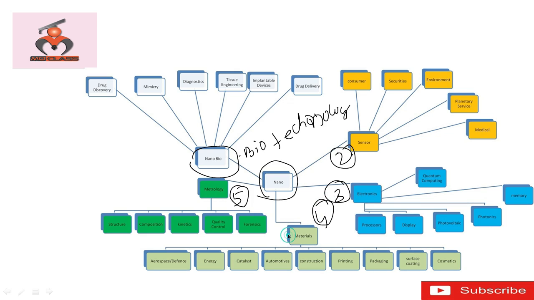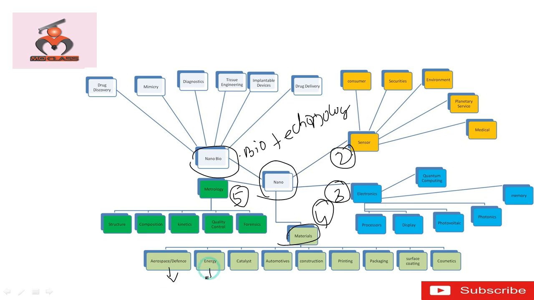If you check the material section, materials are used for every sector and every industry that is making products. In aerospace and defense systems, we need lightweight aircraft and weapon systems, so here nanomaterials have a very important role.